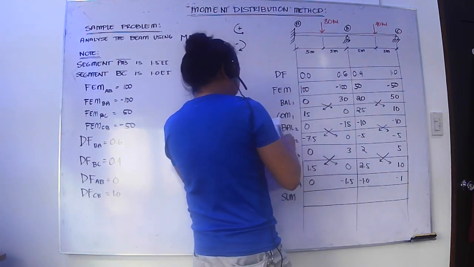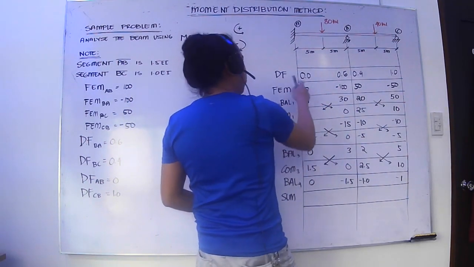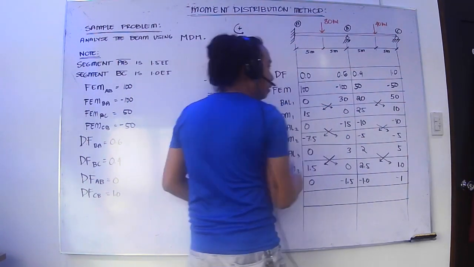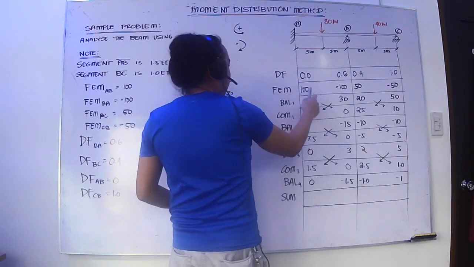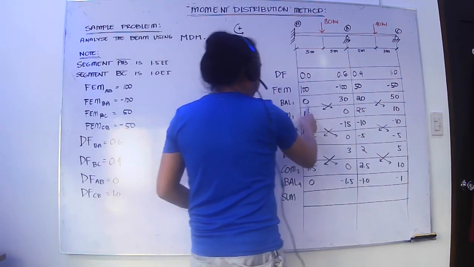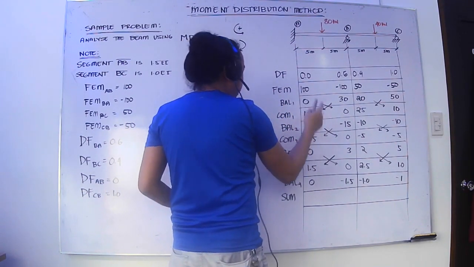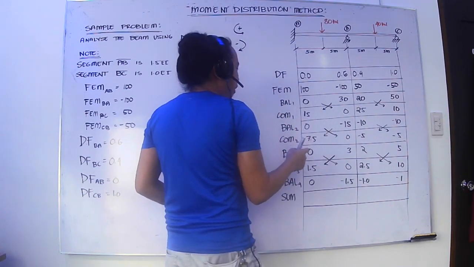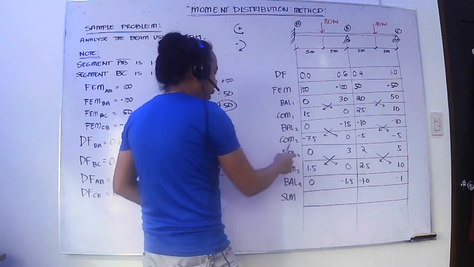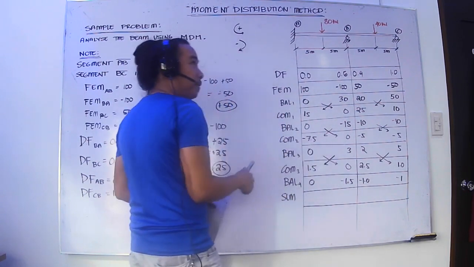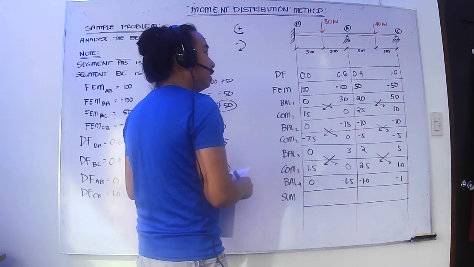In that case, I would like to add everything right away. Please don't make the mistake of adding the DF included. That is not moment. Add it. So, 100 plus 0, 100 plus 15, 115 plus 0, minus 7.5, that should be equal to 107.5 minus 1.5, 106, plus 1.5.